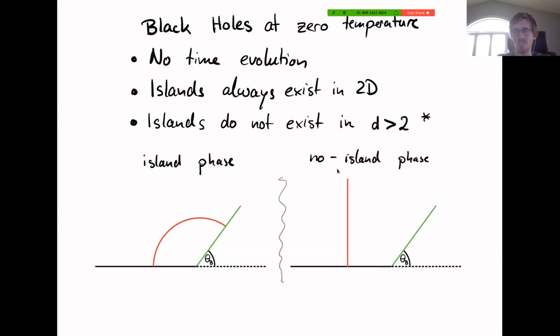Now, in 2 dimensions, it just turns out that this integral here is IR divergent. So this will always be bigger than this, and so this wins. In higher dimensions, the integral of the area of this RT surface, up to divergence close to the boundary, is finite, and so they can compete. And it turns out that if you push your brane far enough to the boundary, the island phase will always win. Okay, thank you.